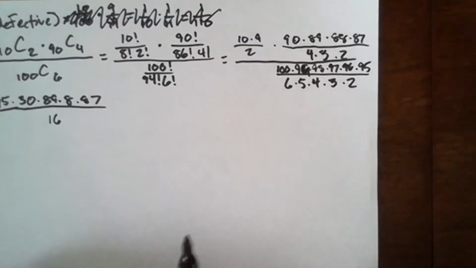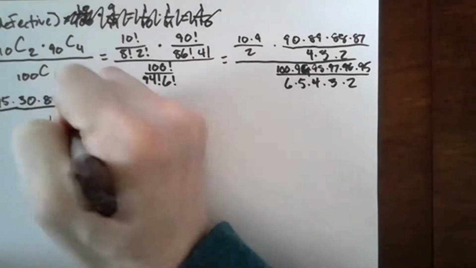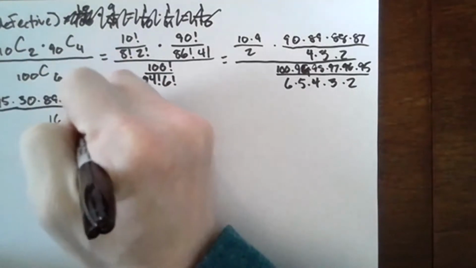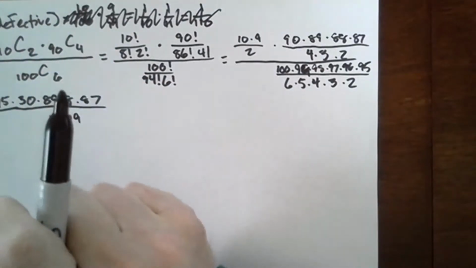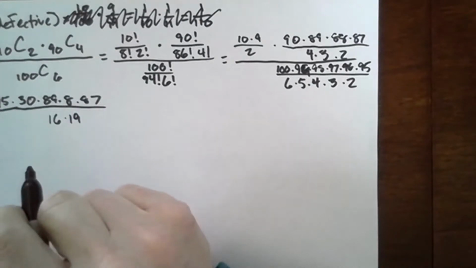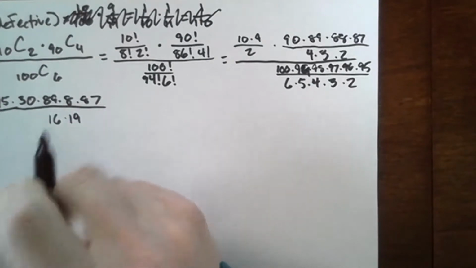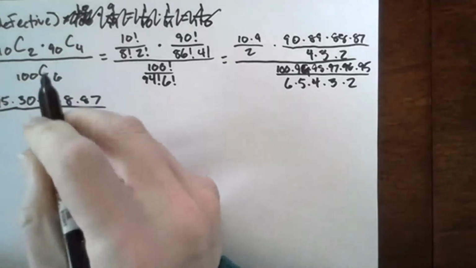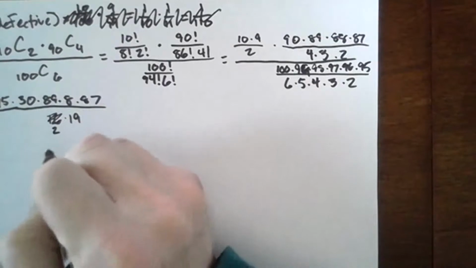95, of course, is divisible by 5. If we do that, we're going to get a 19. 100 is divisible by 16, because that 4 and that 2 can go in there, and we're left with just a 2 when we divide by those.